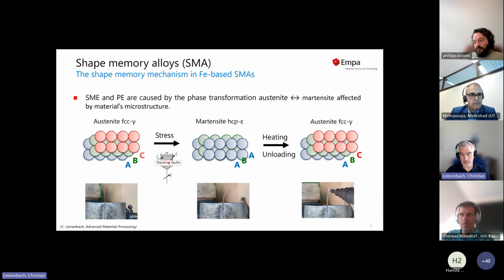This is induced by the formation of stacking faults. And if we heat the alloy, then we have the reverse transformation from this martensite, this hexagonal phase, into austenite. So important here are the stacking faults. Please keep that in mind. We will get back to that at a later point.